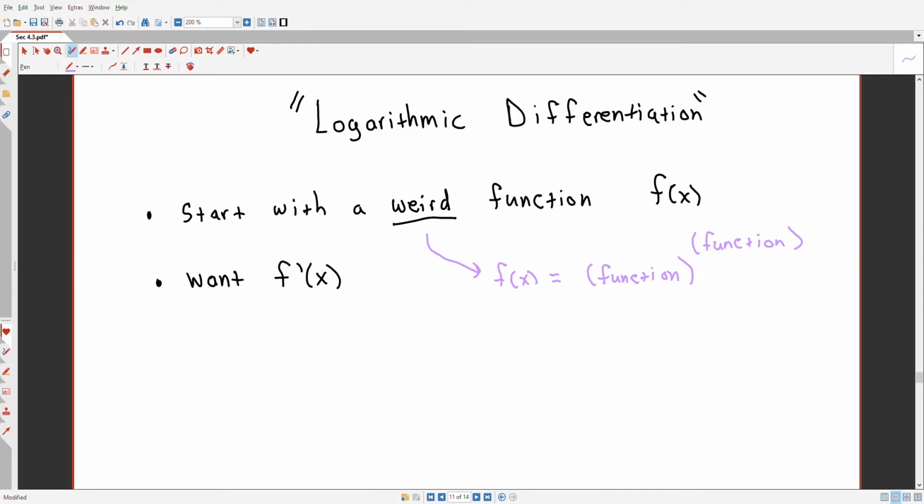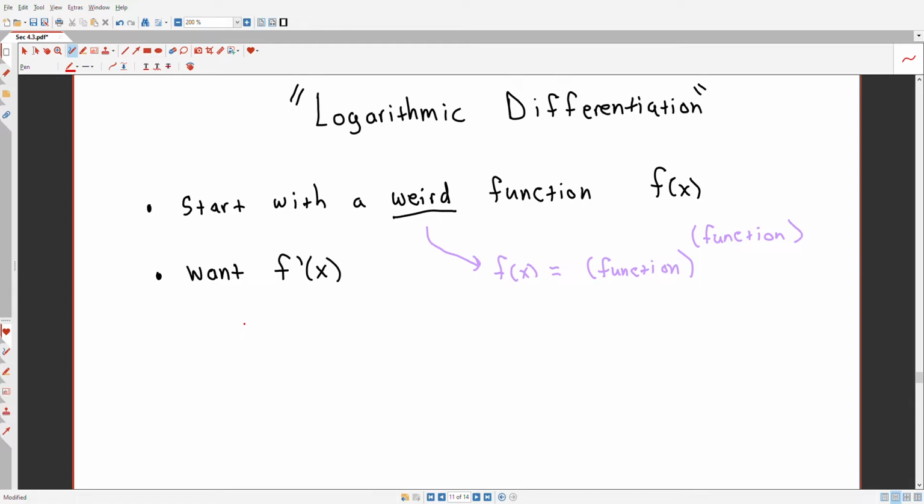And so what we do is we say, well, because this function is weird in this way, step 0, you don't ever have to take this step, but step 0 is to note that taking a logarithm, say a natural logarithm of f of x, makes an easier function.